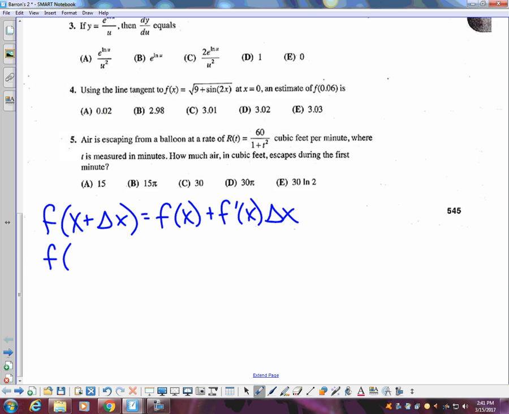So I'm f of 0.06, really close to what nice number? 0. So now I'm going f of 0 plus f prime of 0 times 0.06.